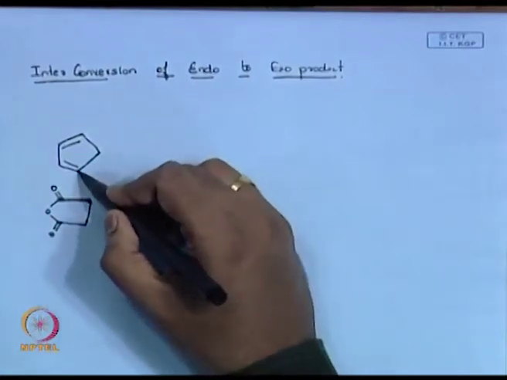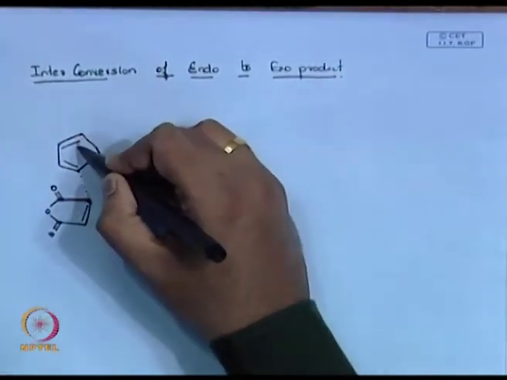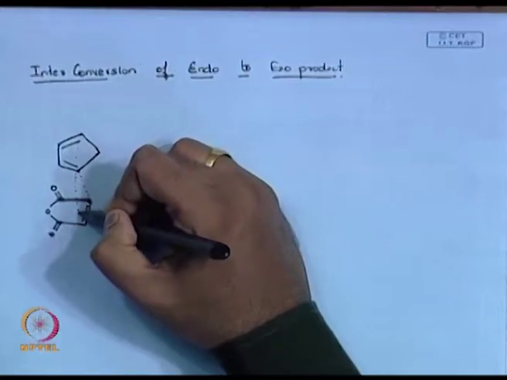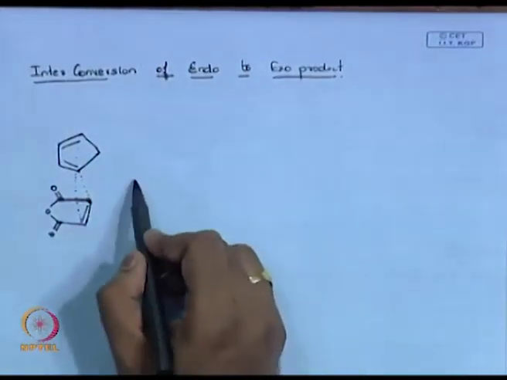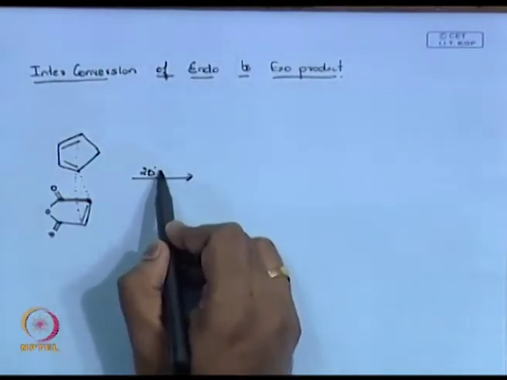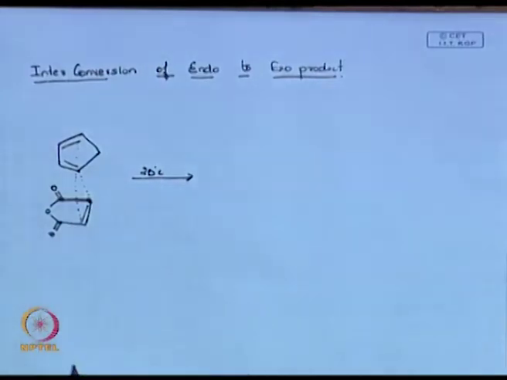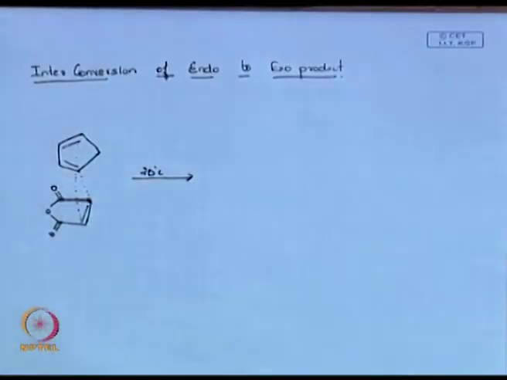So, you can have your interactions here if you want, just trying to think about interactions. If you do this reaction at 20 degrees Celsius, just take your thing and do it at 20 degrees, I am writing this way, like you have a bonding here and a bonding here, 20 degrees Celsius.